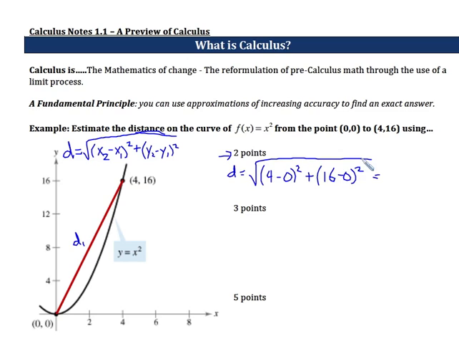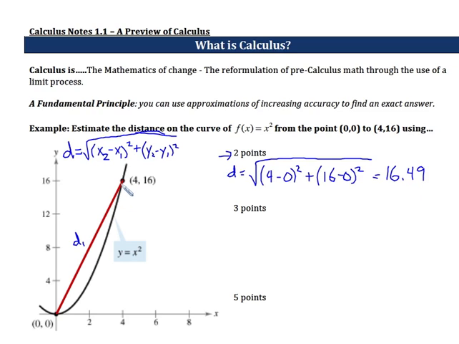Go ahead and plug this into your calculator. We're just going to be looking for an approximation. When you type this in, you're going to get 16.49. So that's an approximation.